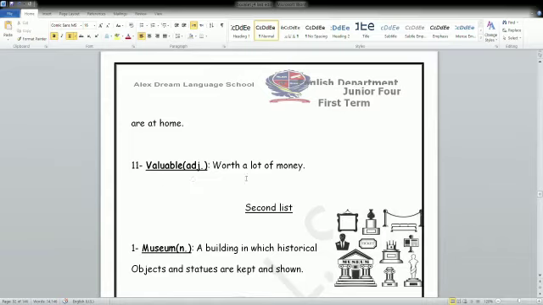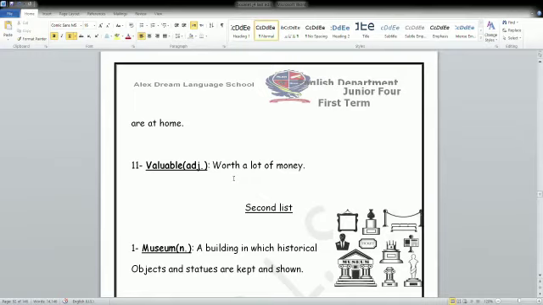It's valuable, so it's worth a lot of money. It's worthful, this is the synonym. The antonyms or the opposite of valuable is valueless or worthless.